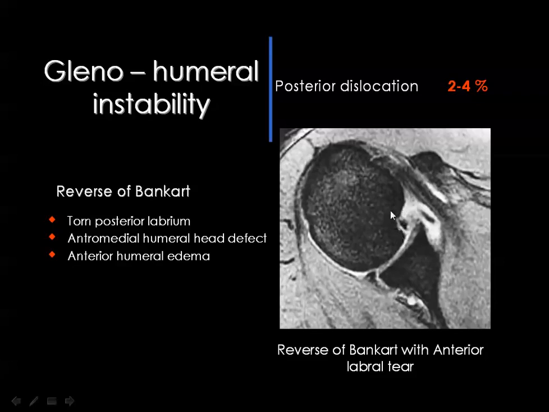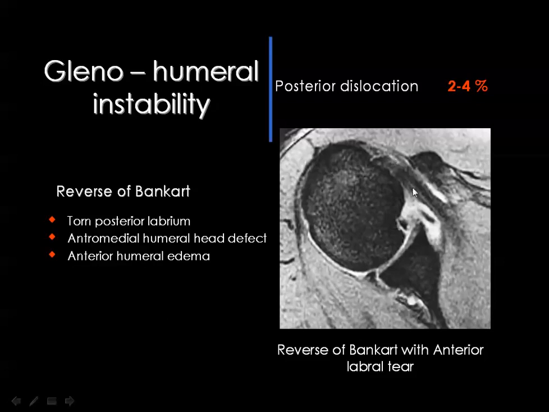You get an impression due to the impingement of the sharp edge of the glenoid bone on the head of the humerus. And many times, because this will require a significant traumatic force, you also get injury of the anterior glenoid labrum. Then you get in the same case a Bankart lesion and the reverse of Bankart lesion.